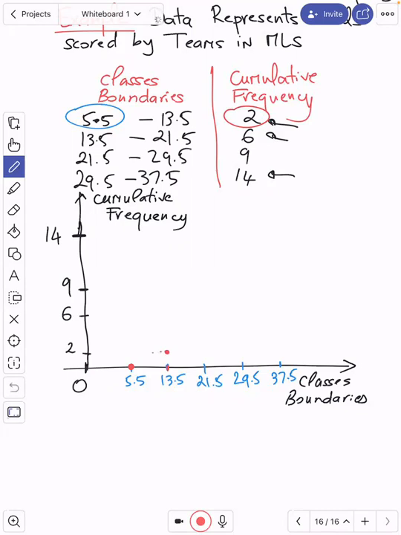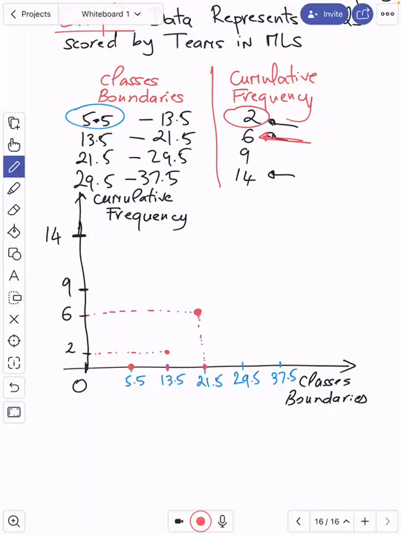The height of this point is actually 2, because that's the cumulative frequency of the first class. The cumulative frequency of the second class is 6, so you take the next class boundary, which is 21.5, and plot this point right here. Again, the height of this point is 6, because that's the cumulative frequency of the second class.